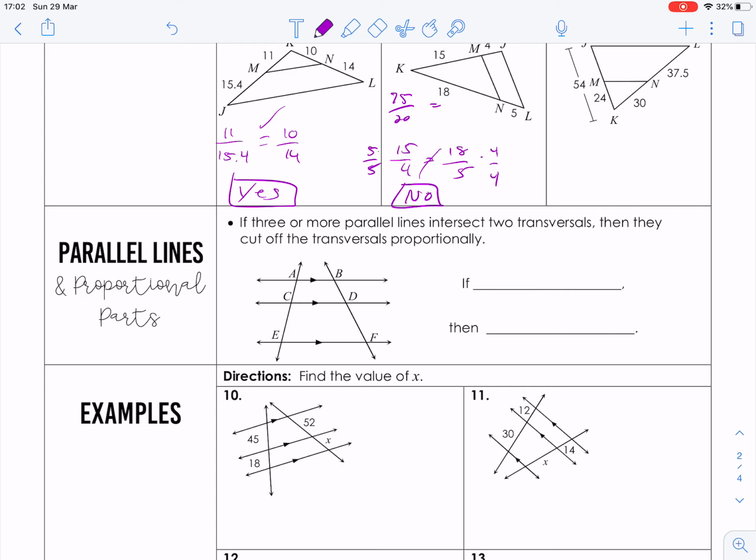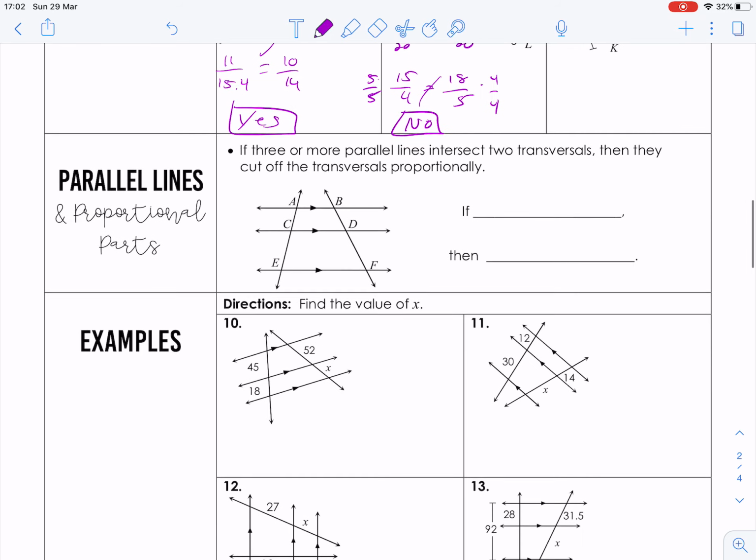And this would be 36, 72 20ths. Hence, they're not equal.